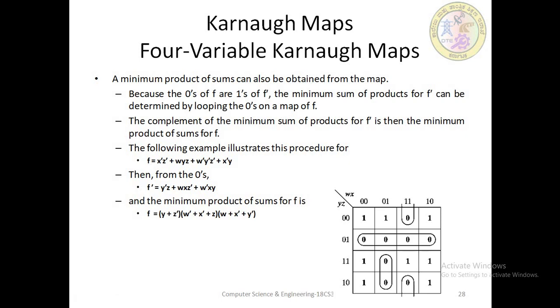But how will product of sums be represented? Product of sums will always be represented with F bar, and the output we have to maintain, F bar will be displayed, and the results will be considered as 0 here.